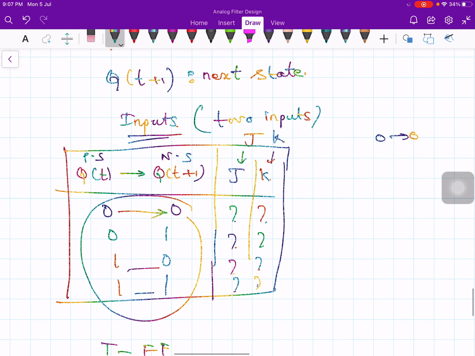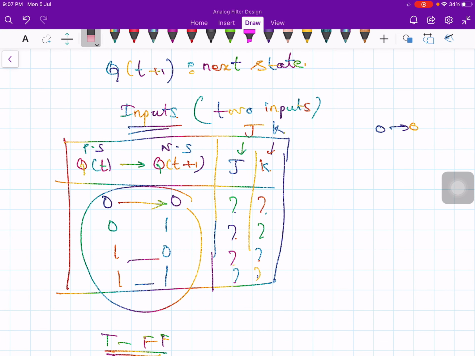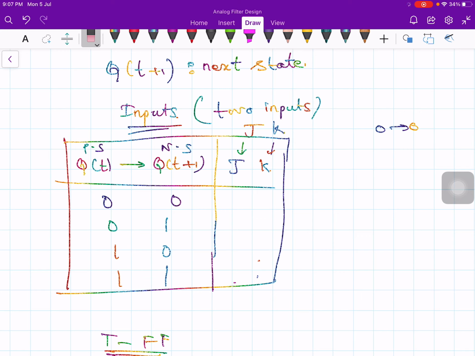Now let us fill up the excitation table of JK flip flops. When the present state is 0 and the next state is 0, that means both present state and next state are 0. Therefore, the J input must remain at 0.